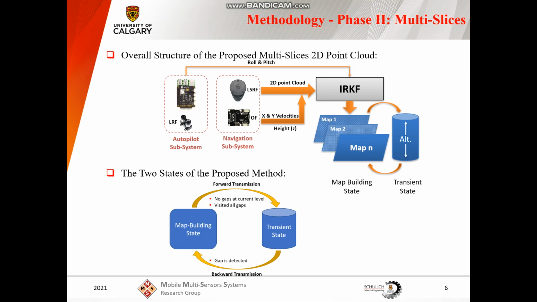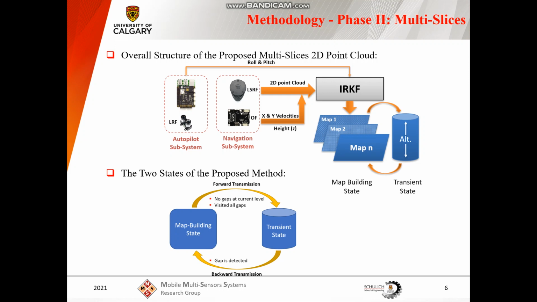The transit state handles the task of determining the relation between old and new maps. During the transit state, map construction is halted, and the new map is built from scratch without a history. The MAV seeks new gaps by changing its height up and down to detect a new gap.